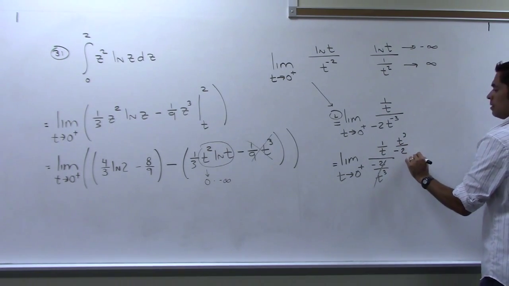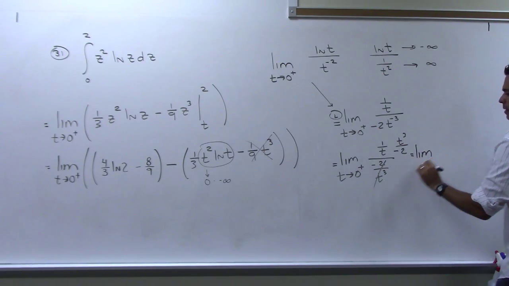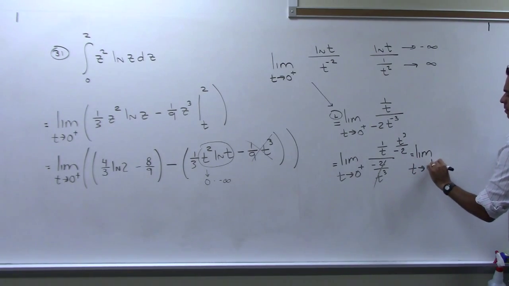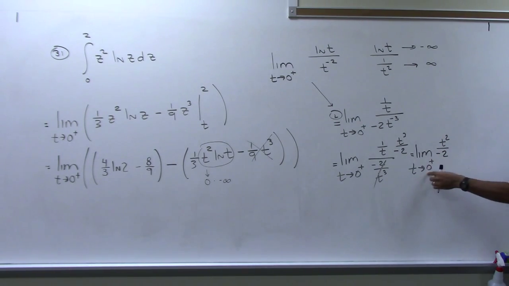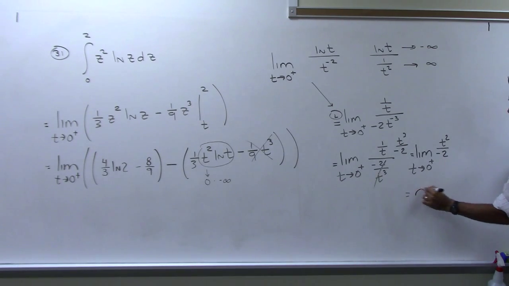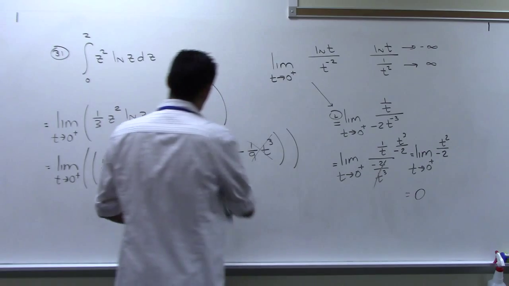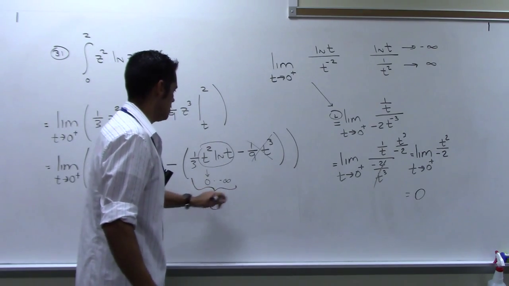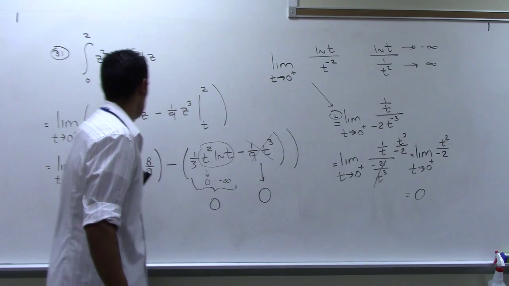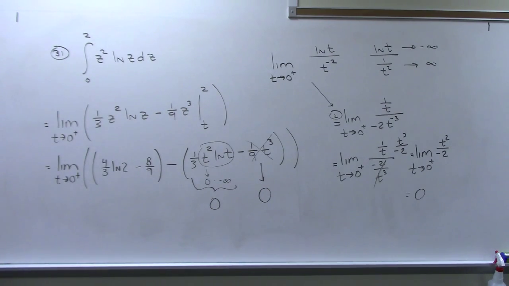You get the limit as t goes to 0 from the right. What do we have here? t squared on top over -2 on the bottom. Now if t goes to 0, this just goes to 0. So that whole thing goes to 0. If this whole thing goes to 0 times 1/3, that goes to 0. We already said that went to 0. And then over here, this would be our answer.